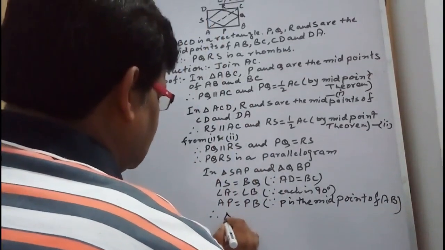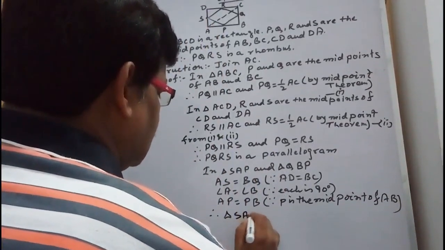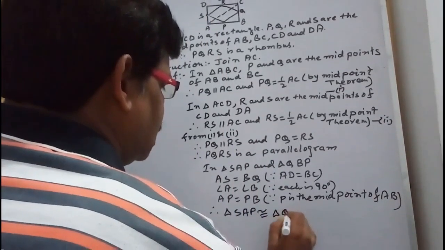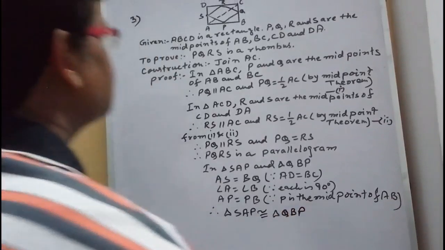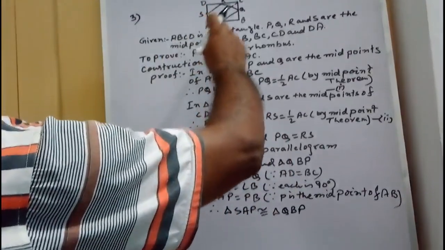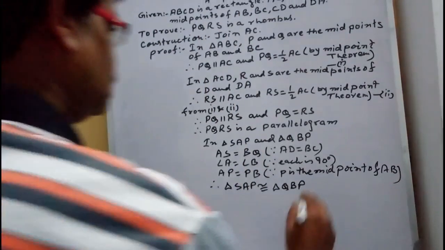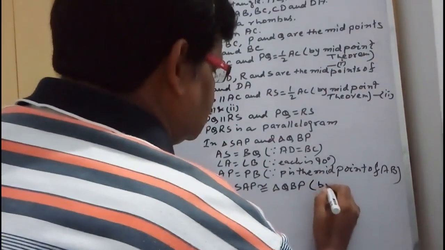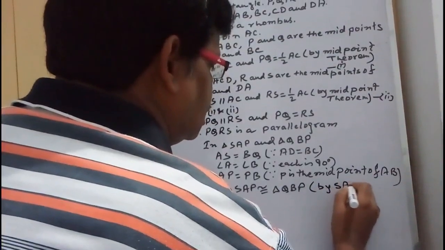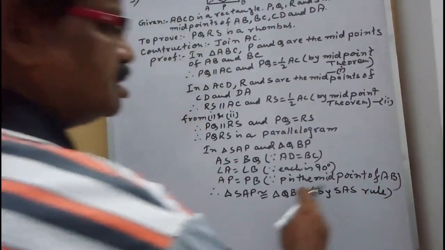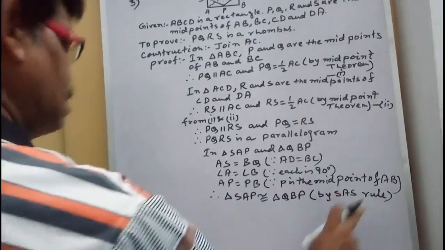Therefore, triangle SAP is congruent to triangle QBP by the SAS rule, that is side angle side rule.